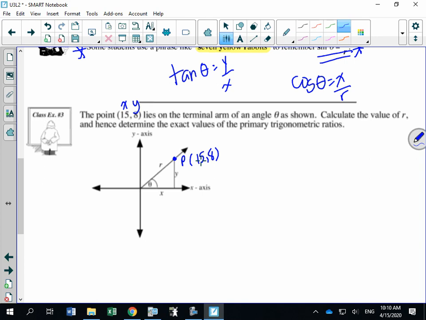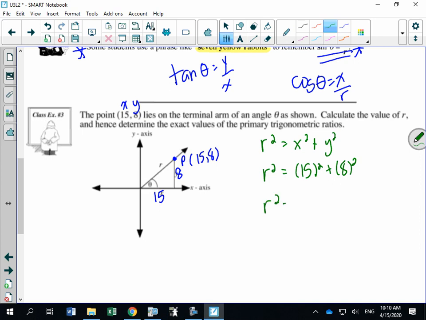One of your sides gets 15 and one gets 8, so x is 15 and y is 8. I don't know what my radius is, so let's calculate our radius using Pythagoras' Theorem. r squared is equal to x squared plus y squared. r squared is equal to 15 squared plus 8 squared.